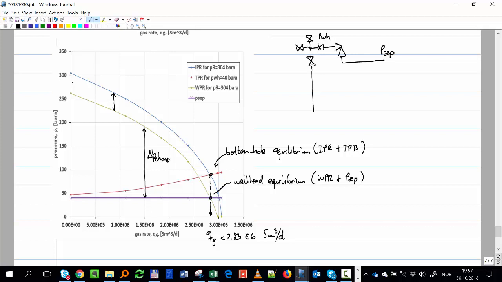Now, if I want to produce 1 million, for example, from this well, I do the same. I have this amount of energy available, I have this amount of energy required, and then I just reach it by closing the choke.